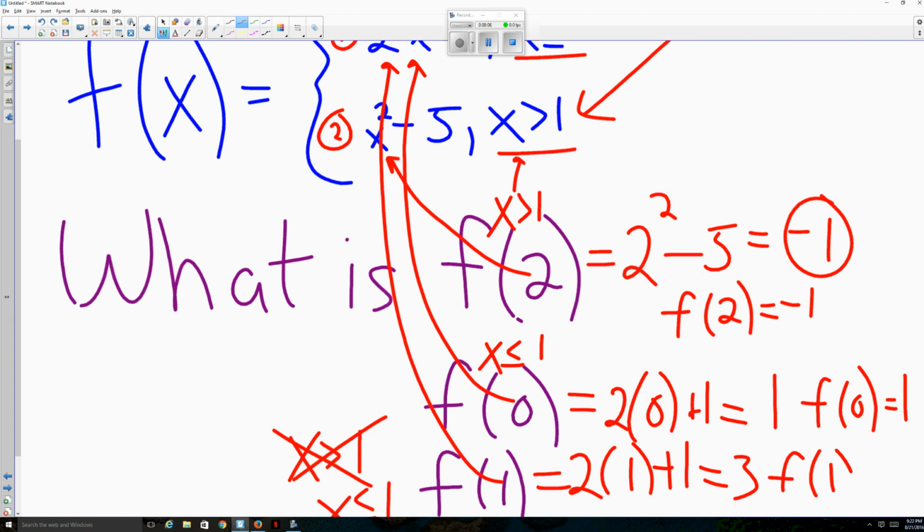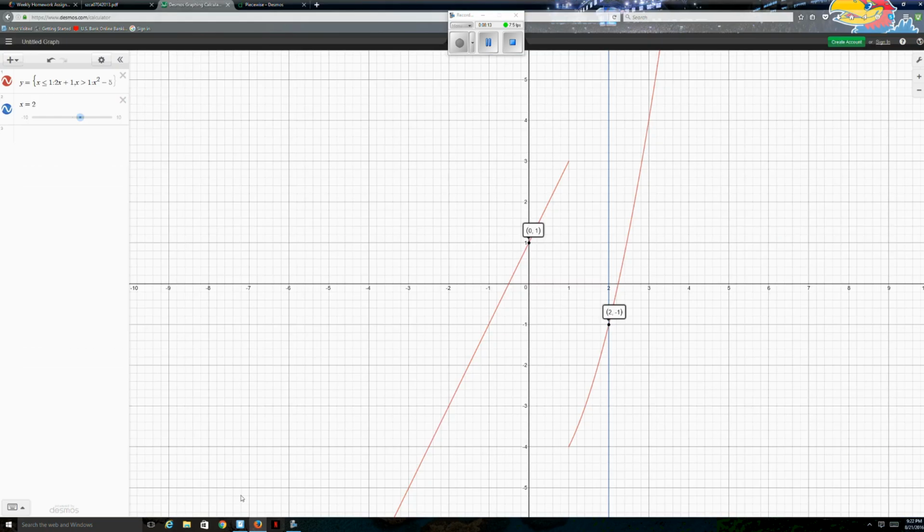So f of 1 equals 3. We'll look at that on the graph also. Let's move this x equal to 1. And notice here that 1, 3 is on the graph. It's not down here. That's not part of the graph. It's up here at 1, 3.